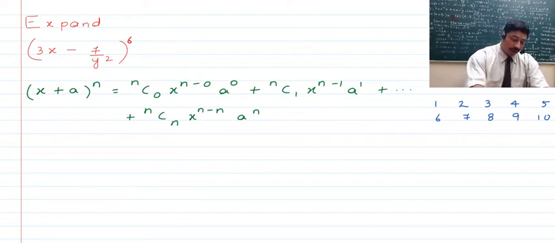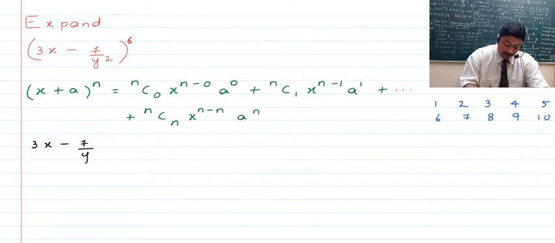So this is how, children, we expand a binomial generally. Now we will call upon this formula to expand this specific case. So we now have 3x minus 7 upon y square, right, which is going to be raised to the power 6, and we've got to expand this.